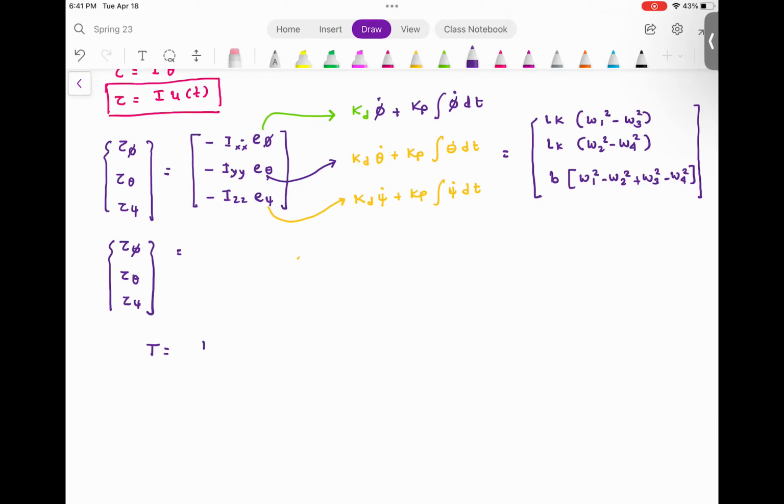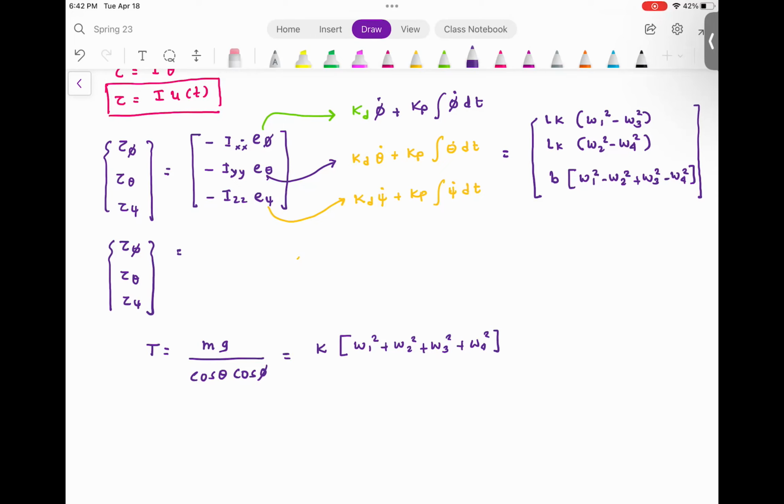T is equal to mg divided by cosine theta cosine phi, which is equal to k times (omega 1 square plus omega 2 square plus omega 3 square plus omega 4 square). Which means for stability, the thrust provided by the props should compensate for the weight of the quadcopter.